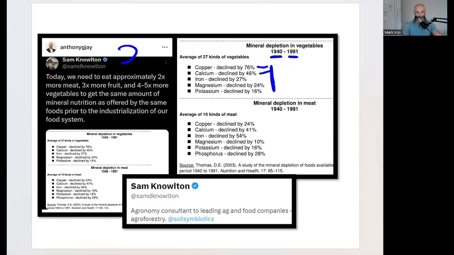And Dr. J said that this dude here, he tests the soil. And he's found through all of his testing that we need to eat approximately 2 times more meat, 3 times more fruit, and 4 to 5 times more vegetables than our grandfathers and grandmothers did back in the 1940s. So you can see how that is a big problem.